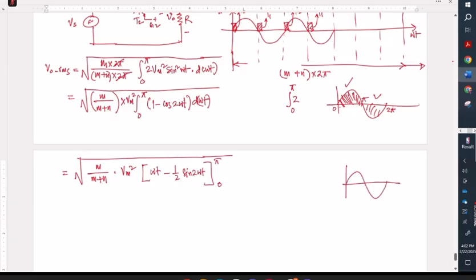Okay, so for a sine wave, when we do the RMS value, how can we write that? We write 1 over pi, right?